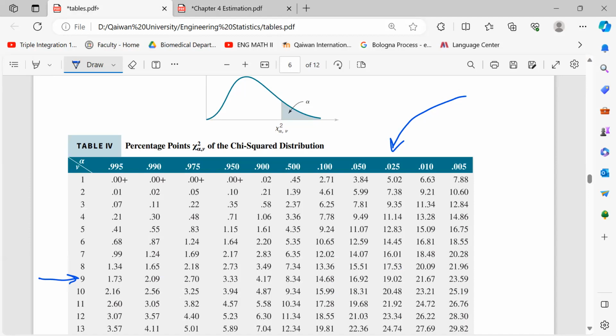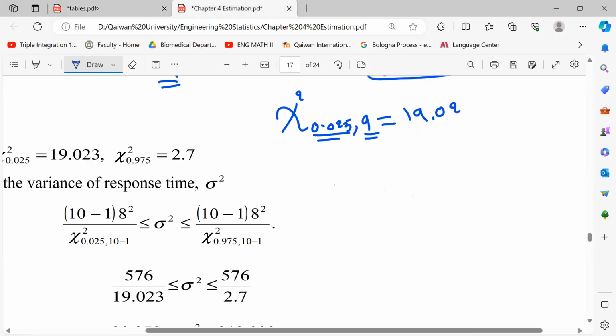The first column is the second component, which is n minus 1. And that one is alpha over 2, which is 0.025. Now, try to find this. Go here, and then come down. What's the cross value? It is 19.02. Okay, that's how to find that.